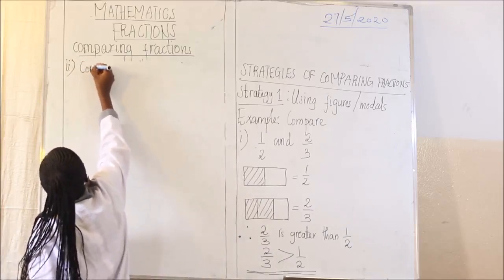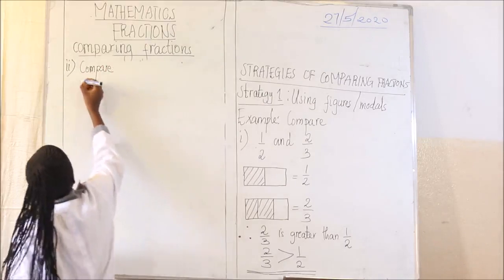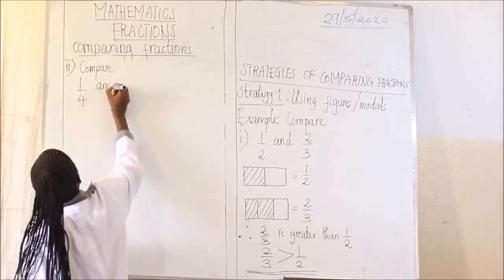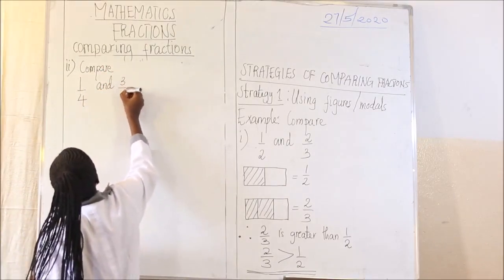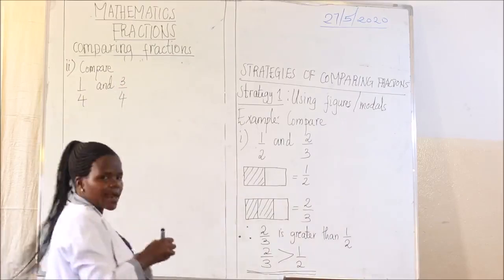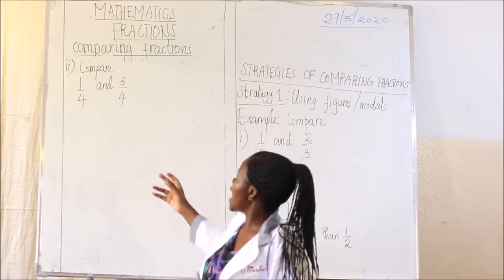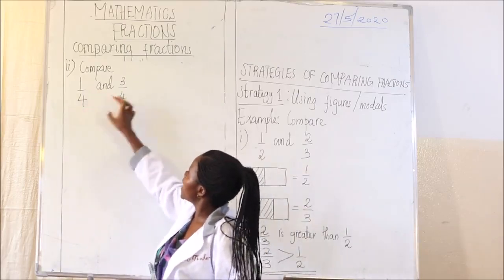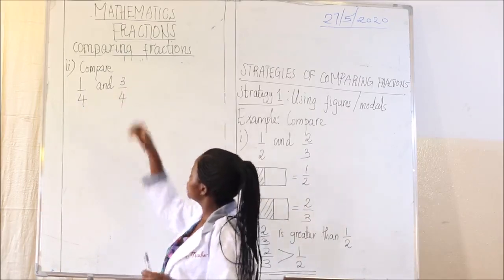Compare 1/4 and 3/4. So again, we are using the diagrams as we have two fractions. We are comparing a quarter and 3/4. 1/4, which we call a quarter, and 3/4.